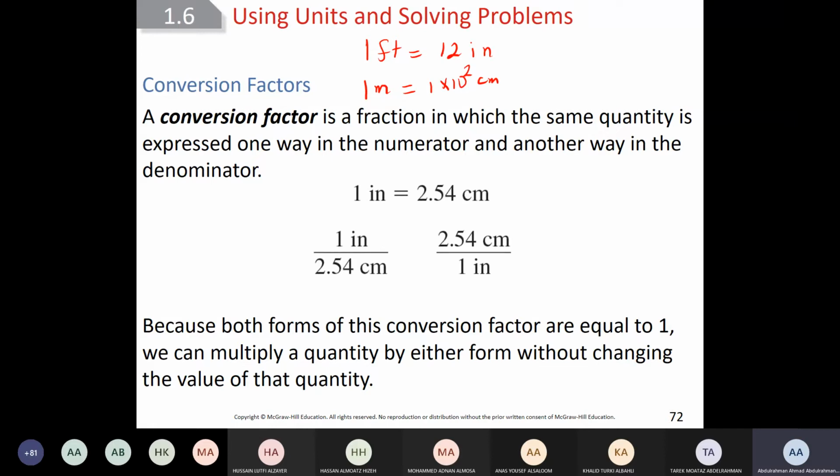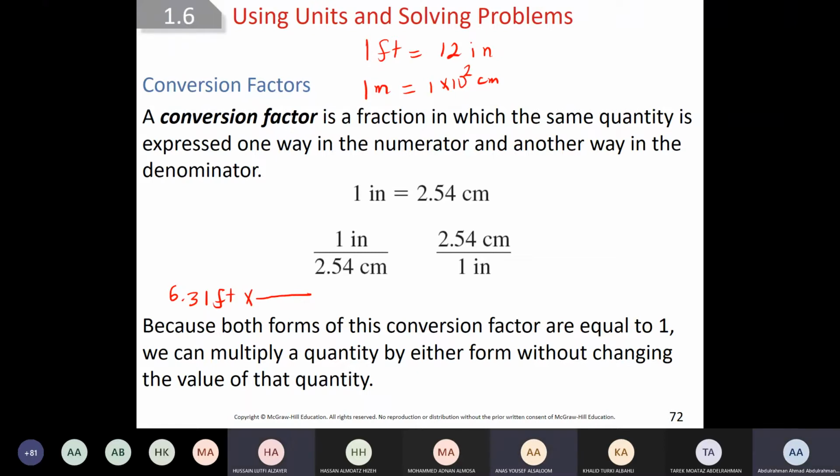Next, let's assume that I have 6.31 foot. Then how many meters is this? How can I find the number of meters? What's the first step? Convert to inches.